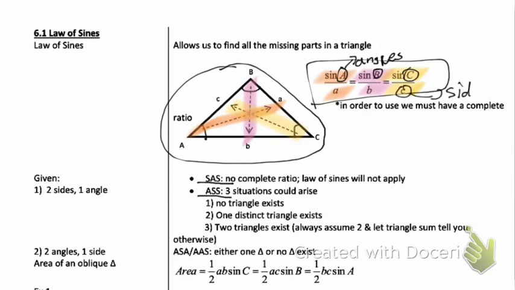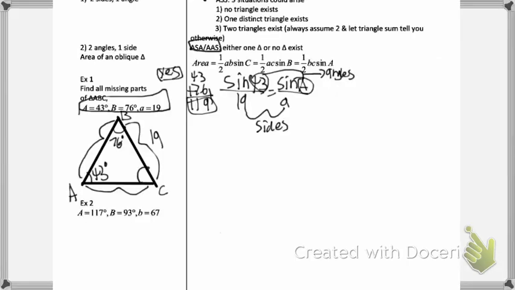So you always put angle over side to find either what the angle is or what the side is, and it should equal the given information. We know sine 43 over 19 is the given information, but we need to know other parts like angle C, side C, and all that.